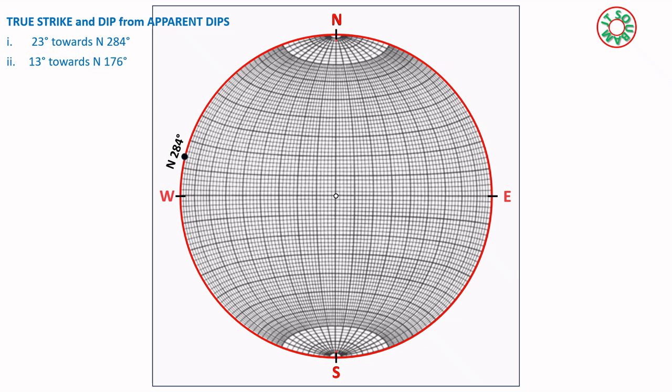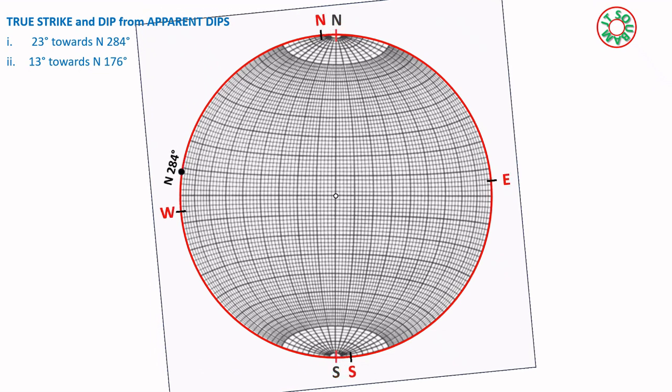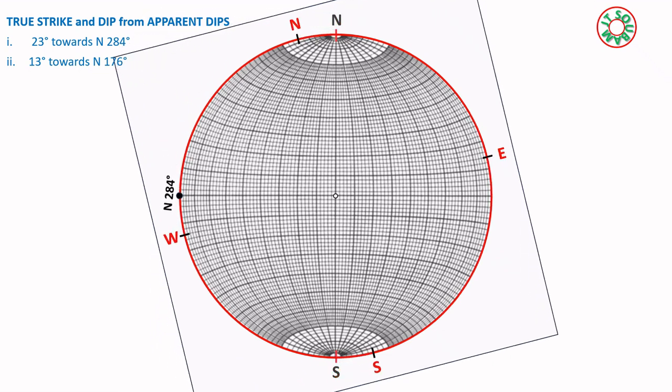Next, rotate the overlay until this marked trend lies along the east-west line. From this position, measure 23 degrees inward from the primitive circle along the east-west line. Mark this point and label it AD1, representing the first apparent dip.